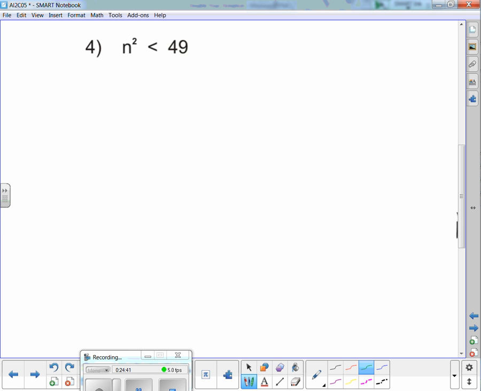Okay, last one here. Move the 49, right? Again, for me, I like to read the solution at this point. Conjunction.